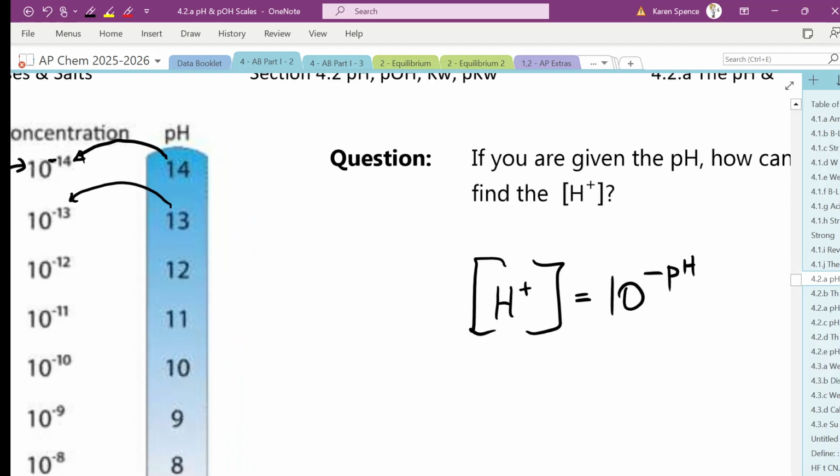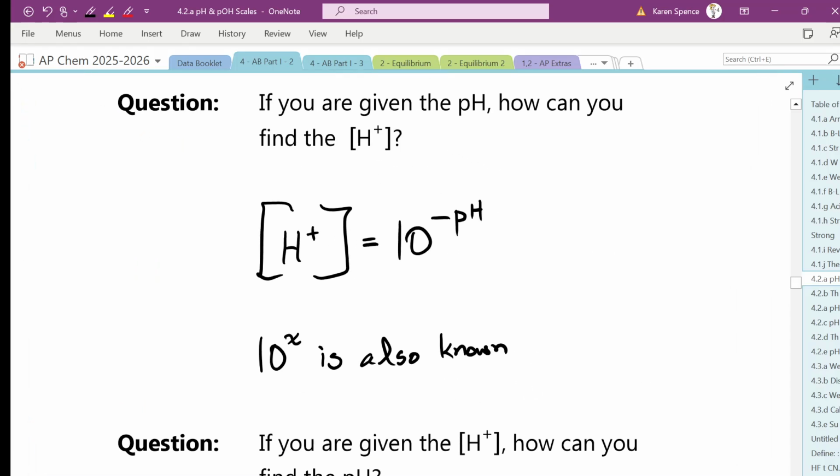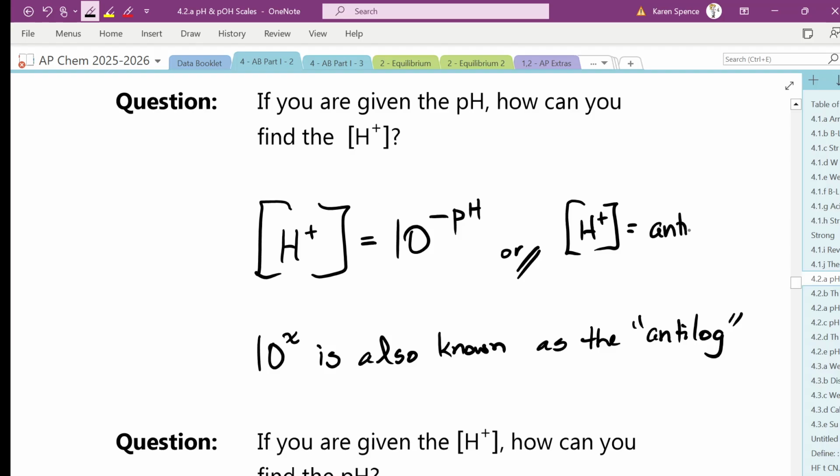Okay. This function here, 10 to the x, is also known as the antilog. So another way of writing this would be to say the concentration of hydrogen is equal to the antilog of negative pH.